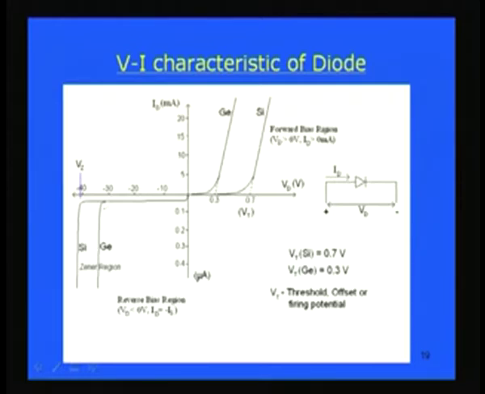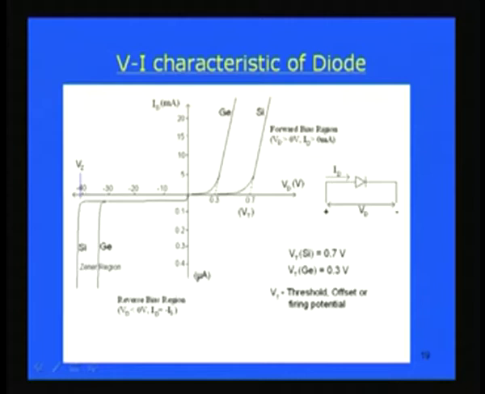Breakdown of the diode happens because when you go on increasing the reverse bias potential, the electrons in the semiconductor gain a very high kinetic energy to break open from the covalent bonds and make themselves free. These then knock out other electrons, and this process continues.